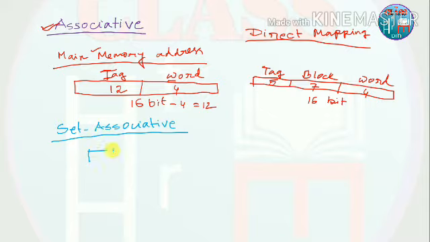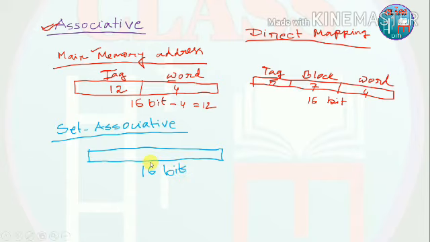In the set associative also, the size of the main memory address will be the same, 16 bits for this particular example. If your example is changed, then these things will be changed. And when we are talking about the set associative, this main memory address will also be divided into 3 parts.